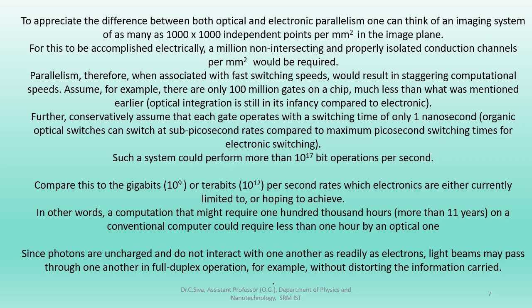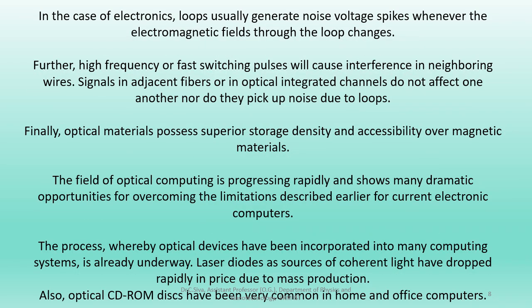Photons are uncharged and do not interact with each other as readily as electrons, which is very common in electronics. Light beams may pass through one another in full duplex operation, for example, without distorting the information which is carried by them. In electronics, loops usually generate noise voltage spikes whenever electromagnetic fields are experienced.